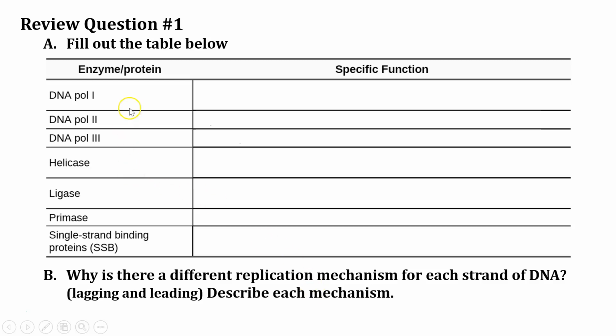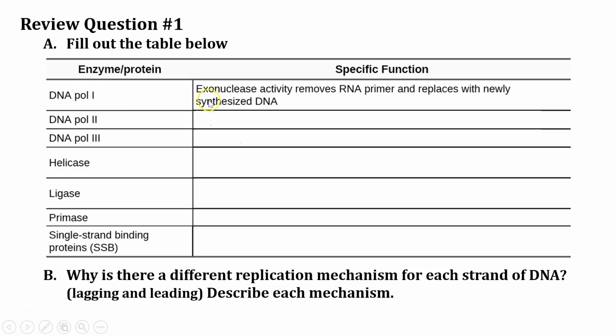Okay, so for the different enzymes and proteins, we have 3 different DNA polymerase enzymes. DNA polymerase 3 is the one that builds most of the new DNA, and then polymerase 1 and 2 have some more special functions.